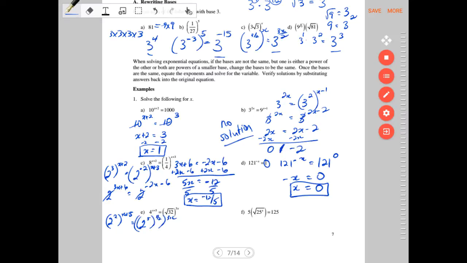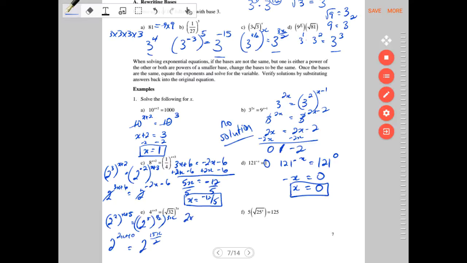Again, I'm going to multiply the exponents. So 2 times x plus 5 gives me 2 to the 2x plus 10, and 2 to the 5 times a half times 3x gives me 15x over 2. Now, because my bases are the same, I can cancel them out and equate my exponents.